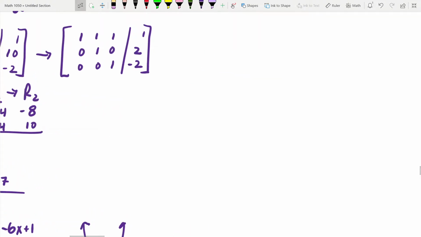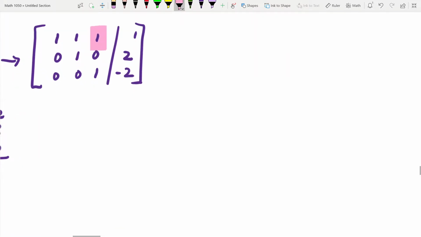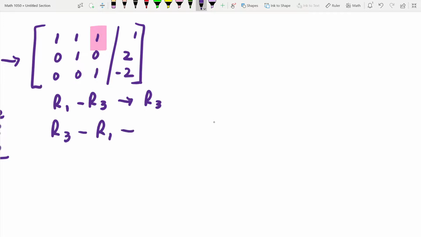The next thing I need is a 0 right here. Okay, I need you to really listen right here for a second. Okay, watch. I could do row 1 minus row 3 becomes my new row 3. I could also do row 3 minus row 1 becomes my new row 3.